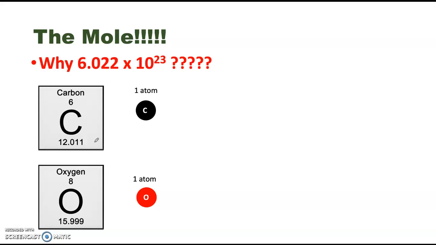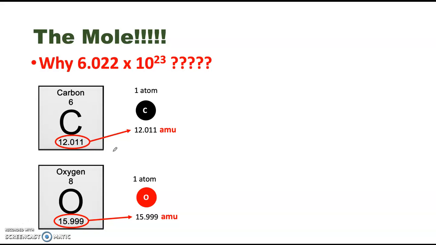I have one atom of carbon, one atom of oxygen. And if you look on the periodic table, this number here tells us that one carbon atom weighs 12.011 AMU. So we got AMU in here, and you can see I went a little overboard on my animations on this slide. And then the oxygen atom weighs 15.99 AMU.